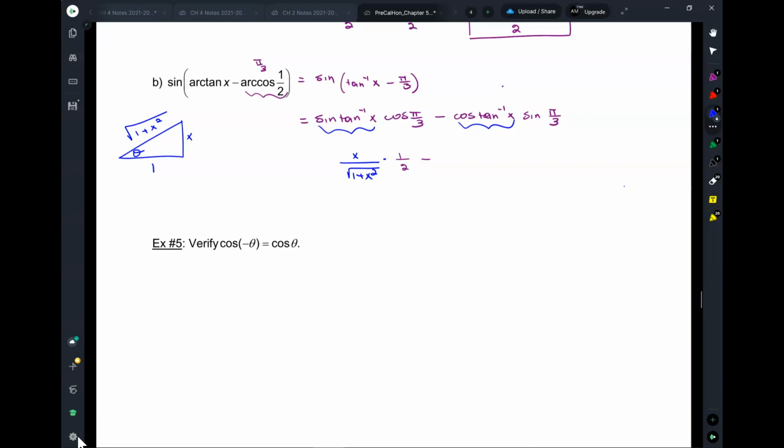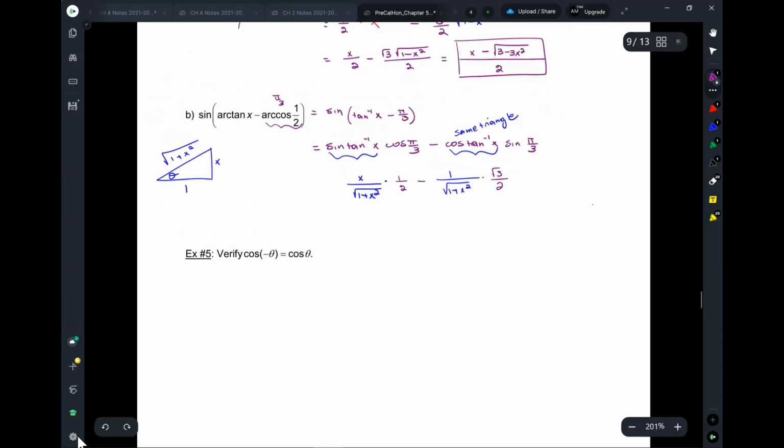That's the same triangle. So I just use the same triangle. And I now want the cosine, so it's 1 over root 1 plus x squared times sine of pi over 3, which is root 3 over 2. If the cosine was 1/2, the sine of the same angle is root 3 over 2.